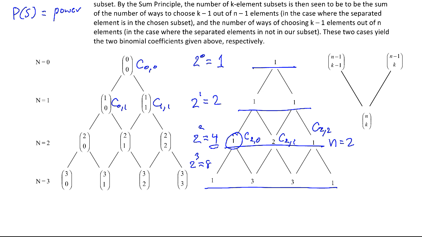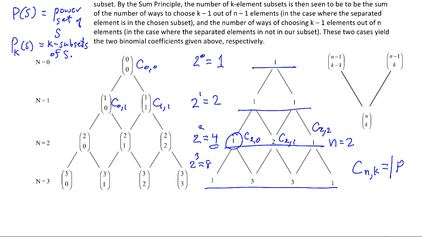It's the power set of S, and P_k(S) is the set of all k-element subsets of S. Okay, so these can be interpreted as the P_k values. So that C(n, k) can be interpreted as the size of P_k(S), where the size of S is n. Okay, so that's just a bit of review.